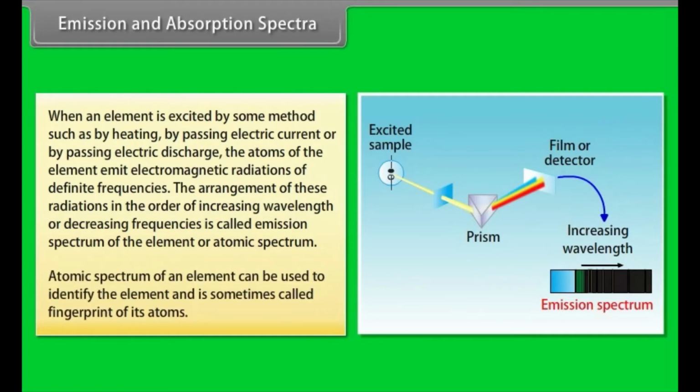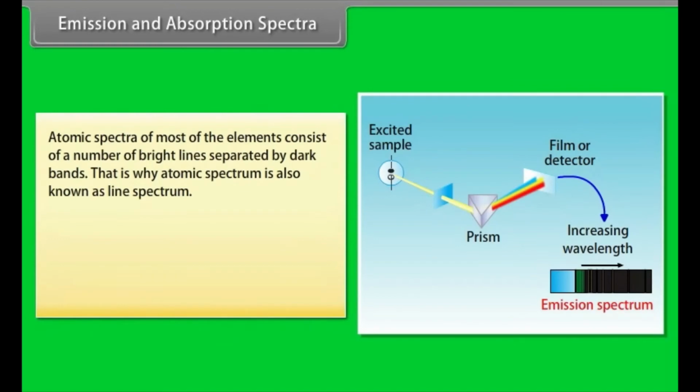Atomic spectrum of an element can be used to identify the element and is sometimes called the fingerprint of its atoms. Atomic spectra of most of the elements consist of a number of bright lines separated by dark bands. That is why atomic spectrum is also known as line spectrum.